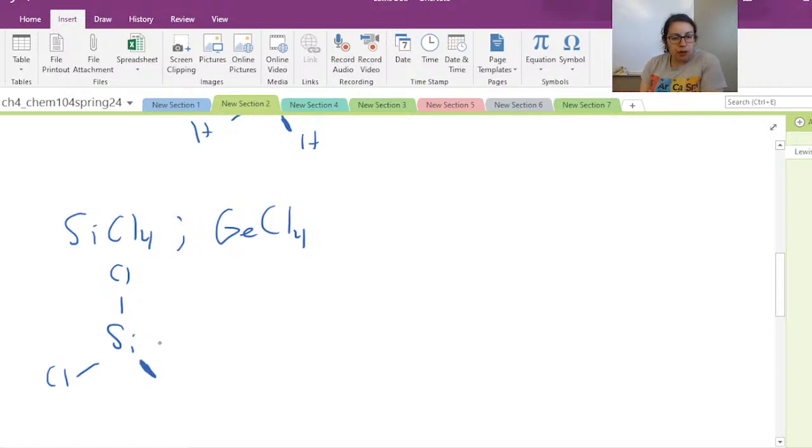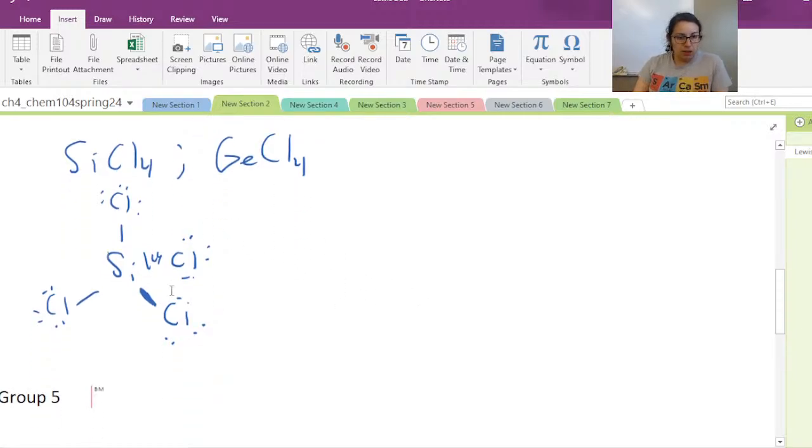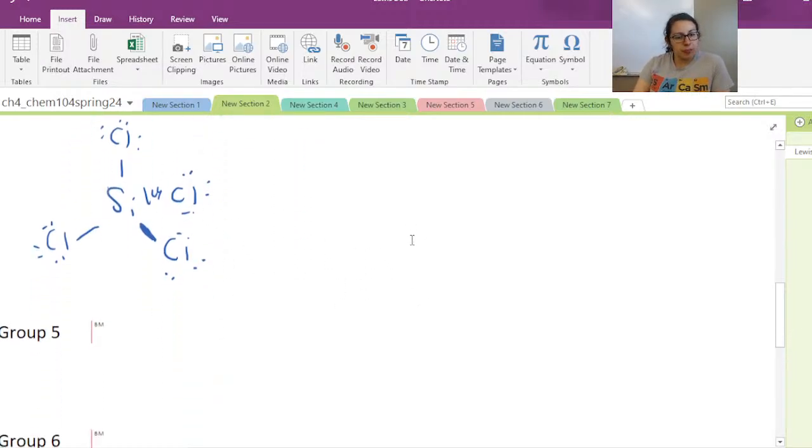So lots of different permutations, hydrides, etc. So that's group 4, at least summarized.